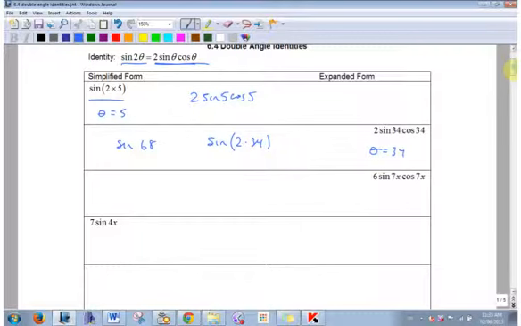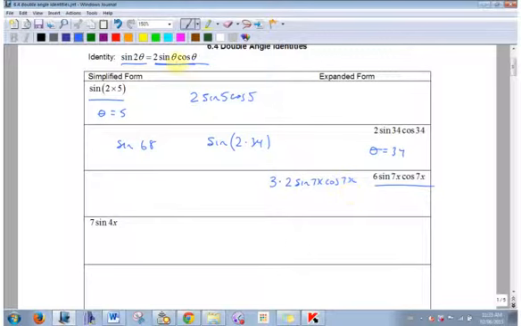And then they get a little trickier. Is that in this form? It's not yet. This needs to be a 2, not a 6. But can I make a 6 a 2? That's 3 times 2 sine 7x cos 7x.